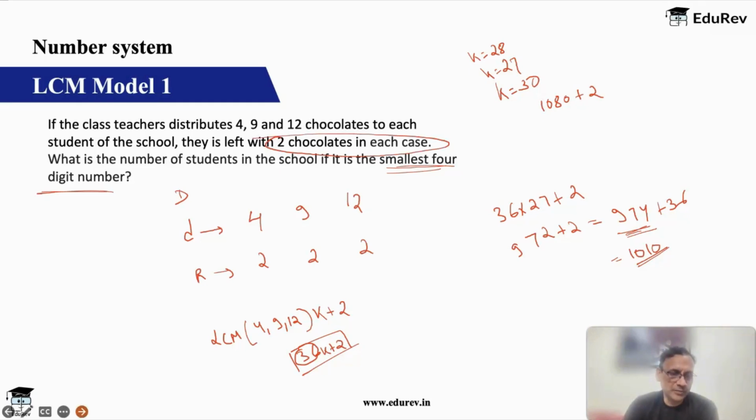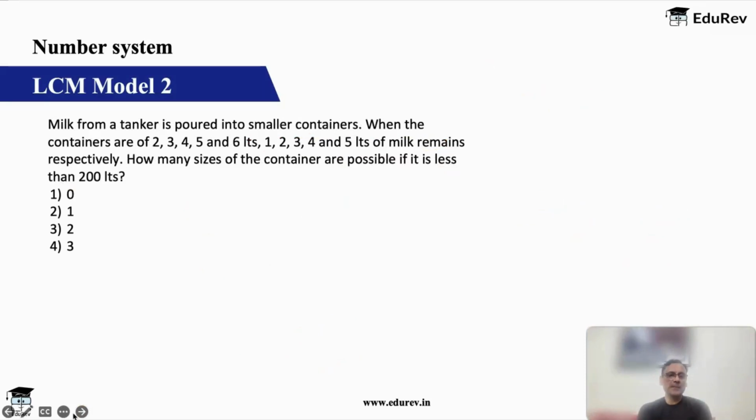Let's look at model 2. Milk from a tanker is poured into smaller containers. When the containers are of 2, 3, 4, 5 and 6 liters, then 1, 2, 3, 4 and 5 liters of milk remain respectively. How many sizes of containers are possible if it is less than 200 liters?